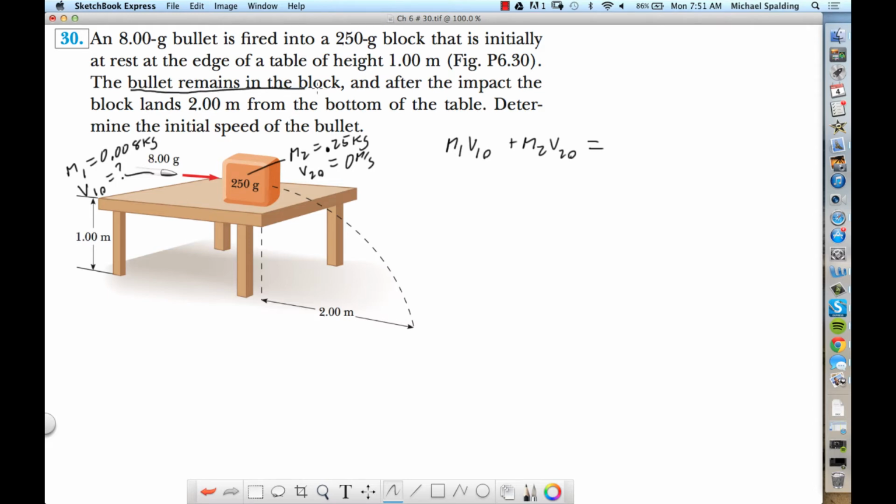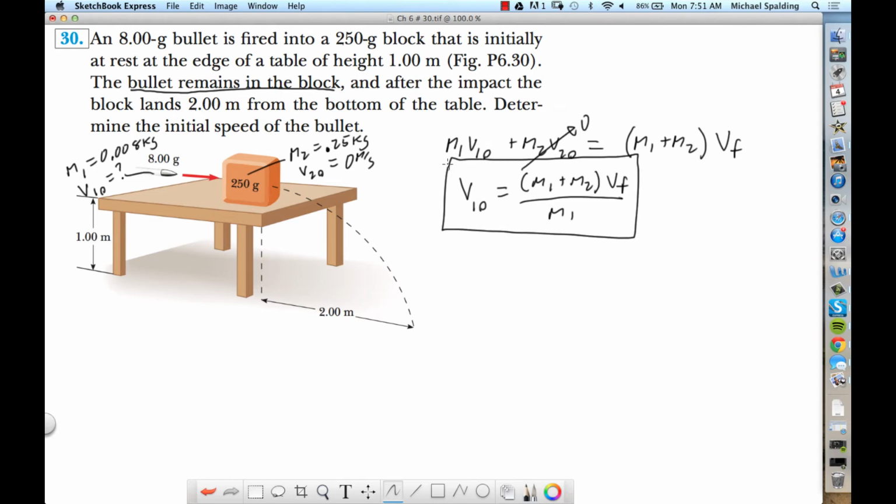So the two objects stick. So our final momentum is going to be M1 plus M2 times V final. They share the same final velocity. Does that make sense? All right, what's the initial momentum of object 2? 0, that goes away. So what we're looking for is V1 initial. So V1 initial is going to be M1 plus M2 times V final divided by M1, okay?